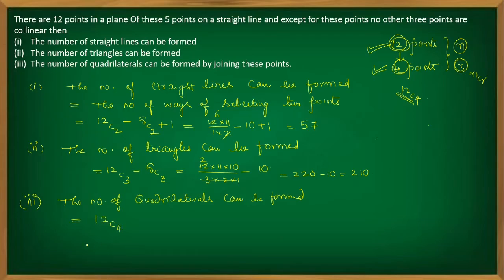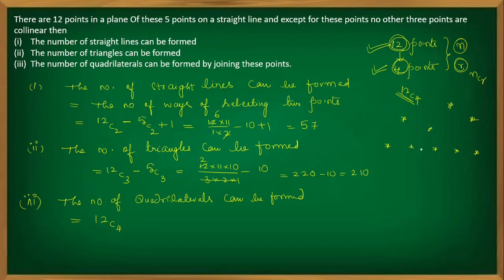Now once again you see here 12C4. Here we have how many points? 5 points that are collinear, and the remaining 7 points somewhere, out of which no 3 are collinear. It's totally 12 points.